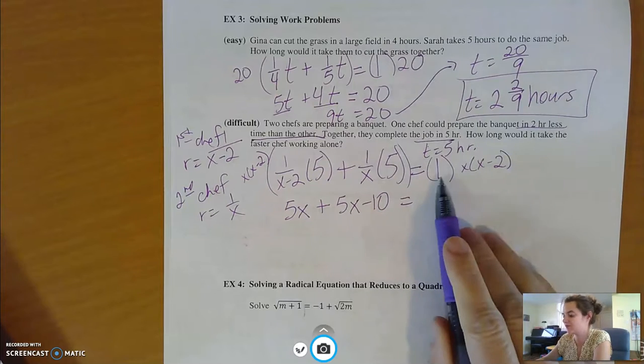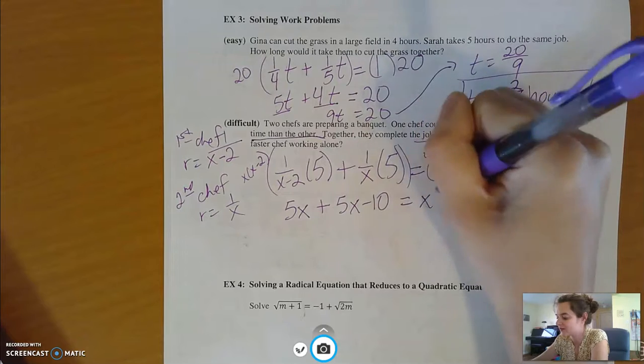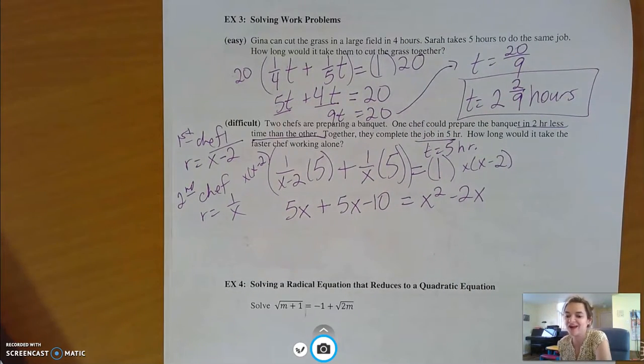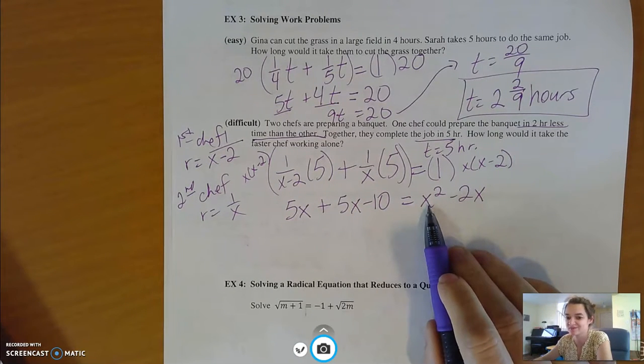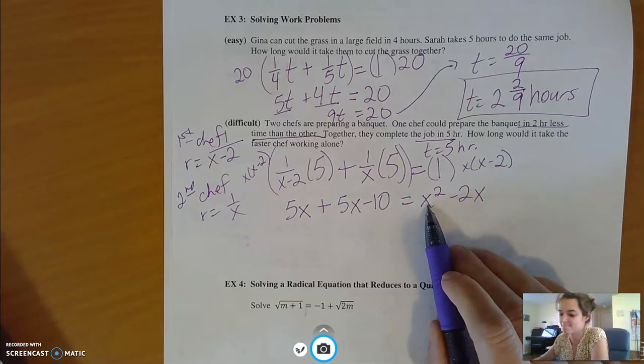On the right side, I have 1 times x minus 2 times x, which would be x squared minus 2x. I can tell right now I have another quadratic equation because I have an x squared. So let's go ahead and get everything onto one side so that we can solve it from there.